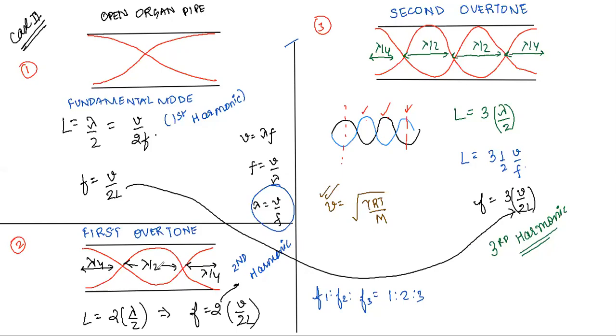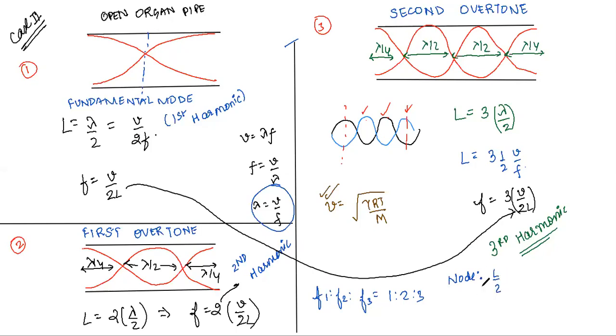And let's say I ask you, what is the position of nodes in this case? Where all are nodes formed? Nodes are formed at the center, at a distance L by 2.